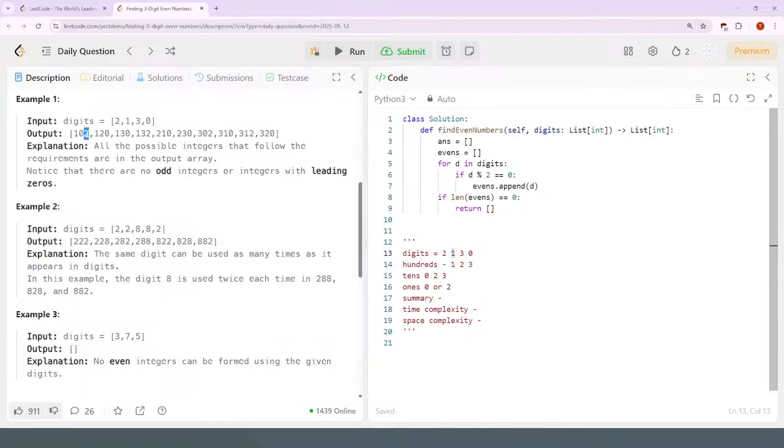So you start by making your ending. So it's either going to be 0, 2. And then you have your 10s. And then you have your 1s. And then you just reverse the thing.